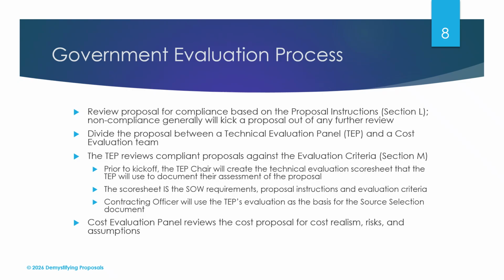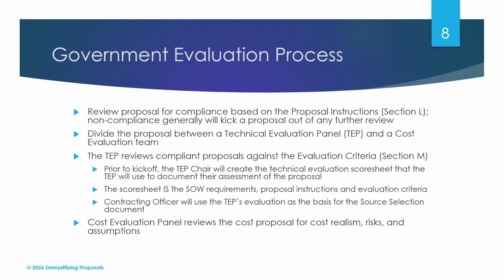And they'll use the evaluation criteria to develop that score sheet. So this is part of why we say proposals are scored and not read. So the score sheet is the statement of work requirements, the proposal instructions, and the evaluation criteria. So they look at all of those things.